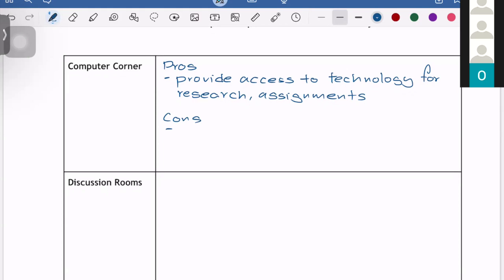Some cons off the top of your head: when you have a computer corner, technology requires proper maintenance and software updates. So this takes a lot of the school's resources.